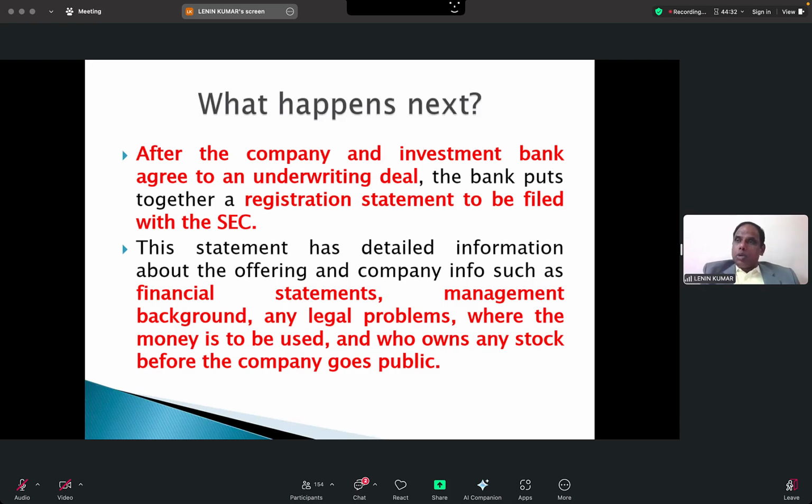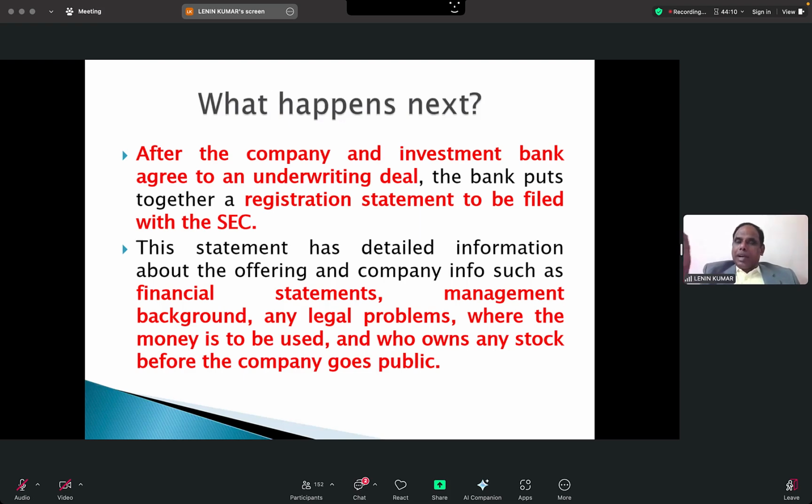Management background: who is the owner, who are the board of directors, all this information should be there. Who is the chairman, vice chairman, CEO, chief financial officer, auditors, legal advisors, all these things must be mentioned. So financial statements, management background, and any legal problems. As of now, are there any legal issues with Lulu?